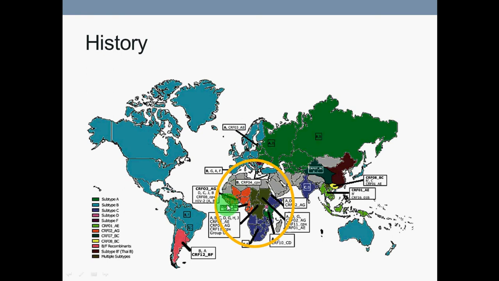But in places like Africa, especially Central and Western Africa, you'll see that there is a ton of different strains. That's what all of these designations are over here in that area. That means that HIV has spent more time in the human population mutating and changing. So we think that that's where the virus originated from, at least geographically.